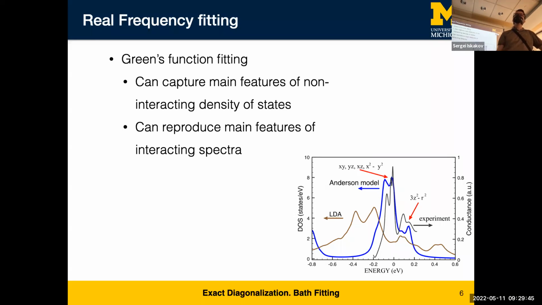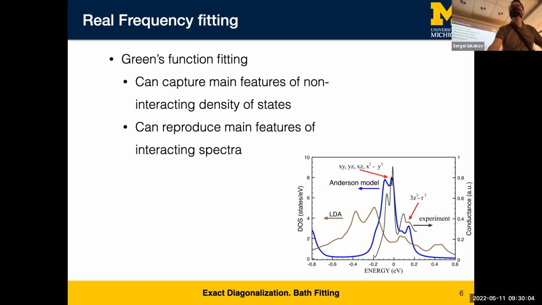So basically we have this blue curve from the exact decomposition, and we have the black curve from the experiment. You can see that the correlations give you renormalization, and the impurity problem can actually capture that renormalization.